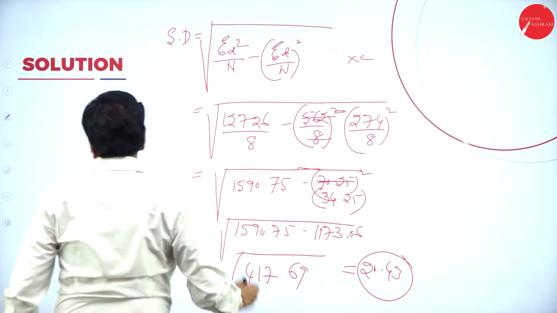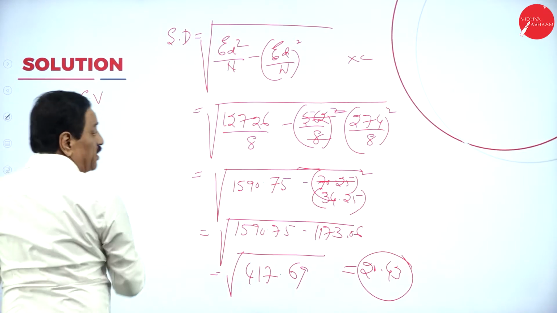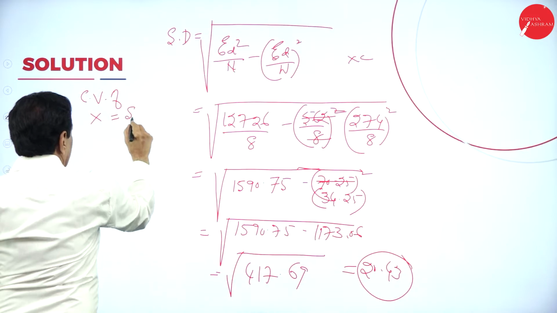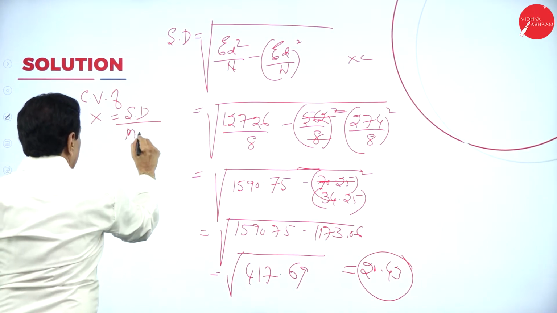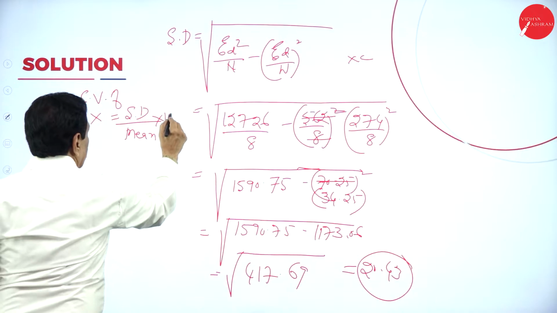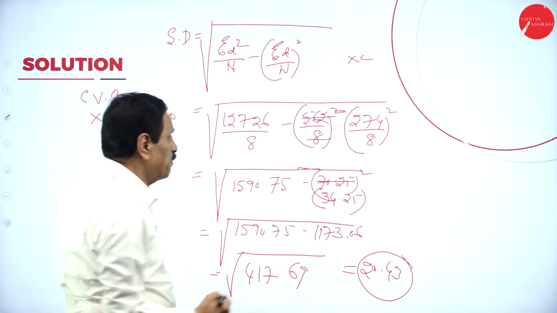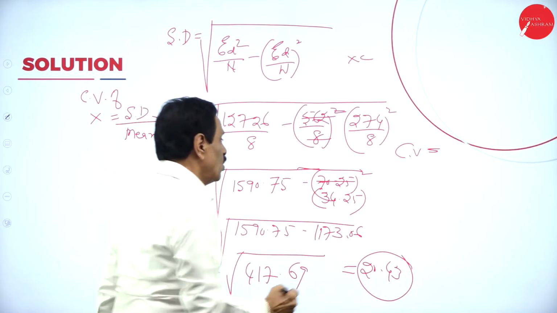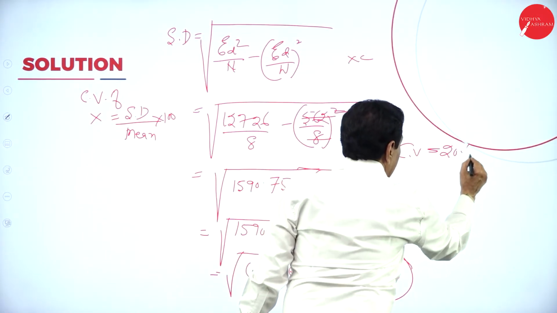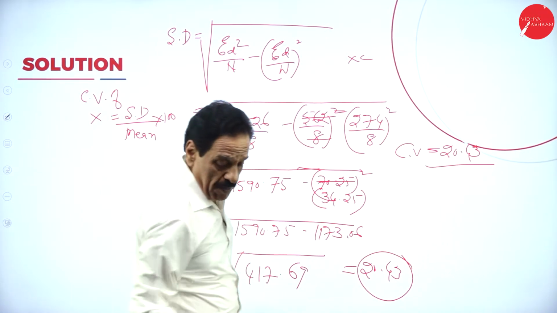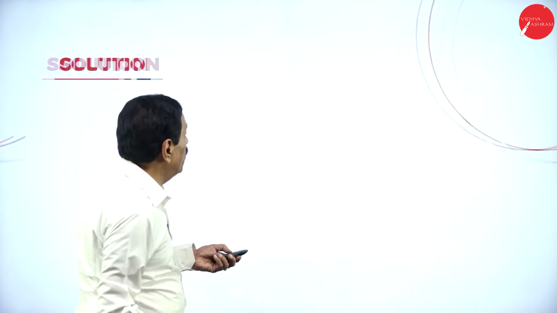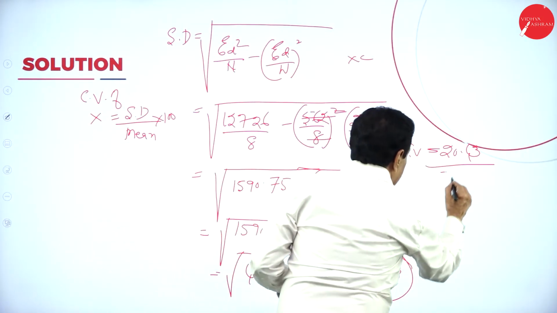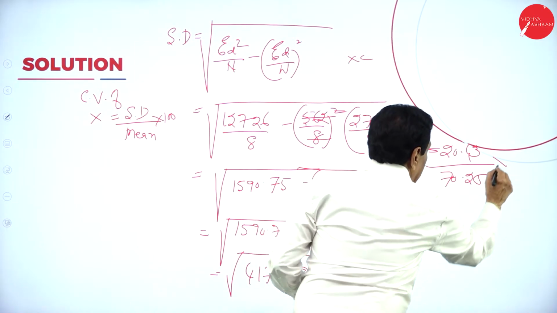Now the formula: CV, coefficient of variation of X, is standard deviation divided by mean into 100. Apply now. CV is equal to 20.43 divided by your mean. The mean is 70.25, into 100.